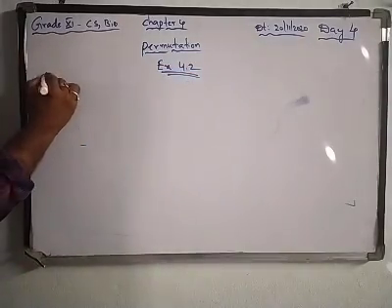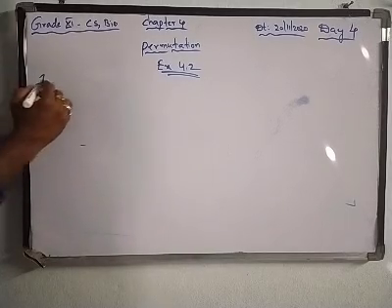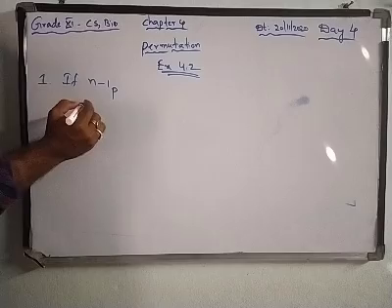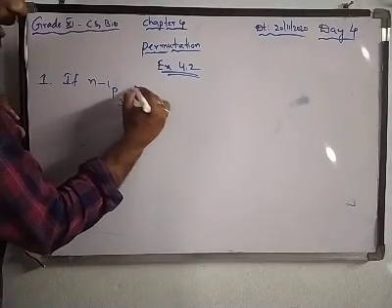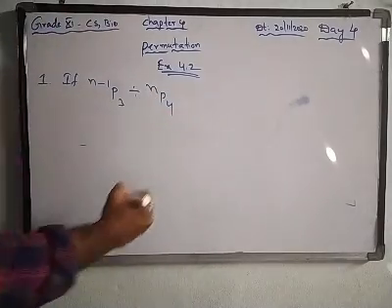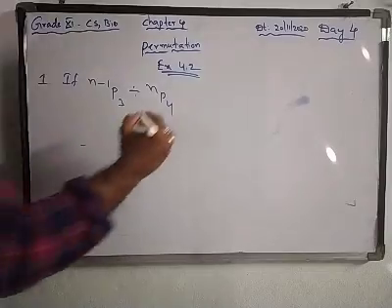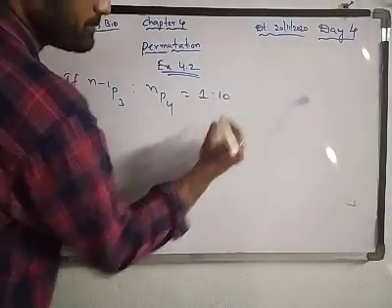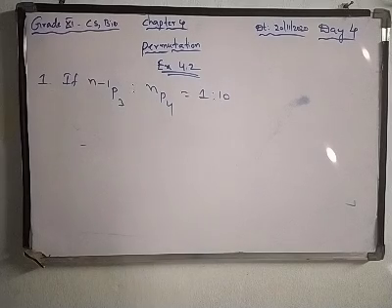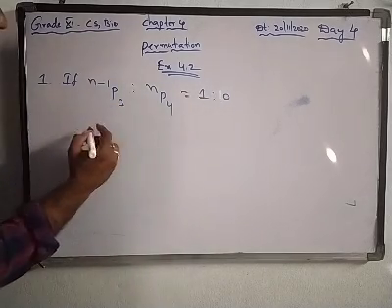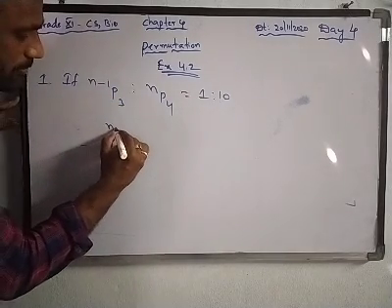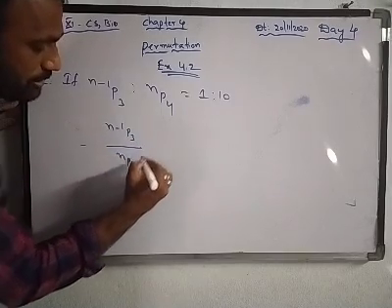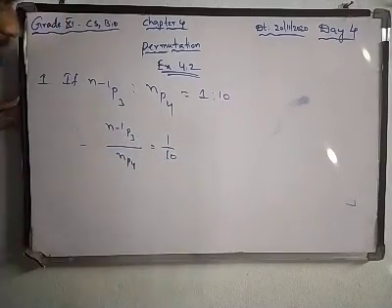The first question: if (n minus 1)P3 divided by nP4 is equal to 1:10, we need to find the n value in this. So this can be written as (n minus 1)P3 by nP4 is equal to 1/10.